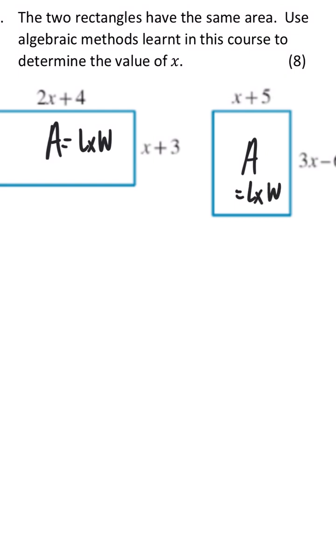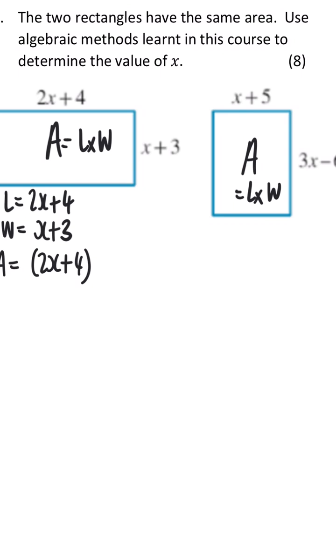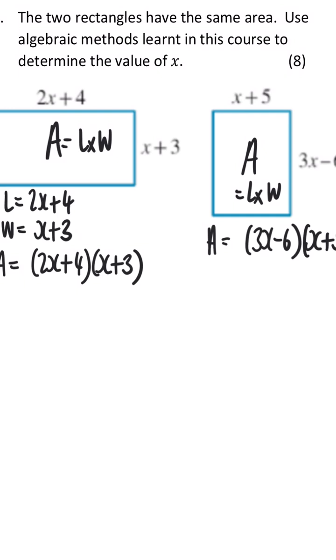So we know that the area of this first rectangle, the length is 2x plus 4, the width is x plus 3, so its area is equal to 2x plus 4 times by x plus 3. We could do the same thing for the second rectangle and say its area is equal to its length, 3x minus 6, times by its width of x plus 5.